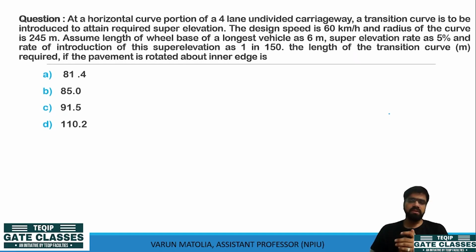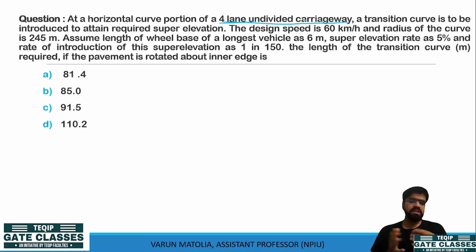At a horizontal curve, the portion of a four lane undivided carriageway. So let us say a 4-lane undivided carriageway. Just for the discussion, let us see what is the width of this carriageway. For a single lane, it is 3.75. For an undivided carriageway with 2 lanes, it is 7.